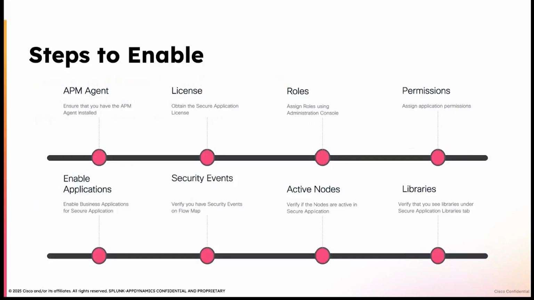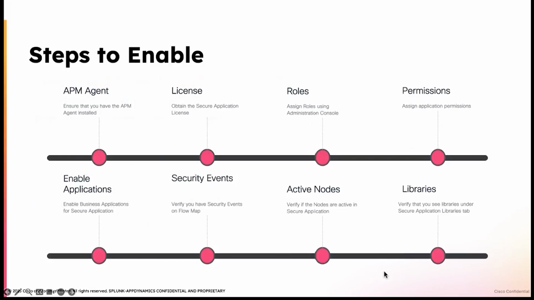So the flexibility which secure application provides is, yes, you can enable it for all your applications, or one application, or a service in an application, or a couple of services in an application, or a couple of nodes or one node in a service or a tier. So you have extensive flexibility, so that you can tread waters one step at a time, if you would. Now, these are the do's, and these are effectively do checks.